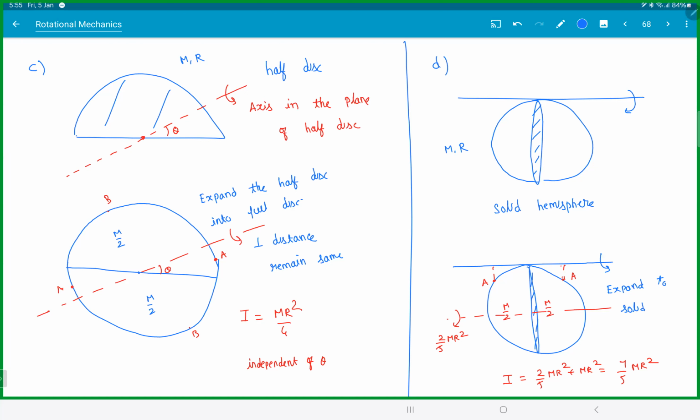Let's see one more. Turn the page. Square plate, mass m, side a.